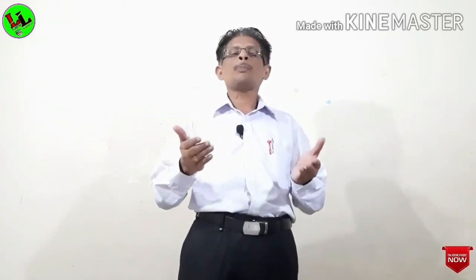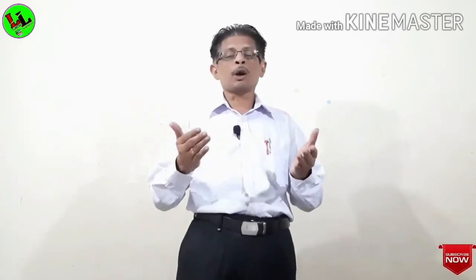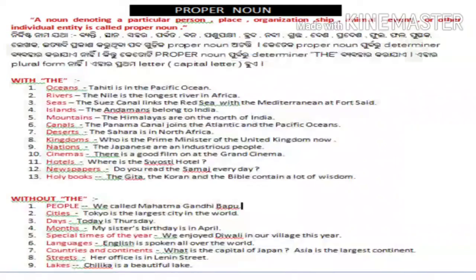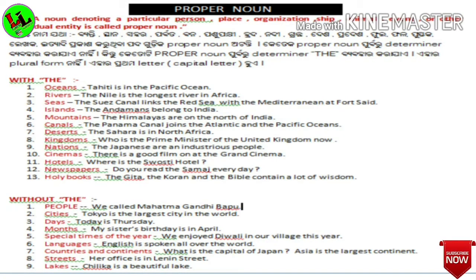Now we will proceed to proper noun. What is proper noun? What is its definition and its example? Now we will see. A noun denoting a particular person, place, organization, scene, animal, event or other individual entity is called proper noun.